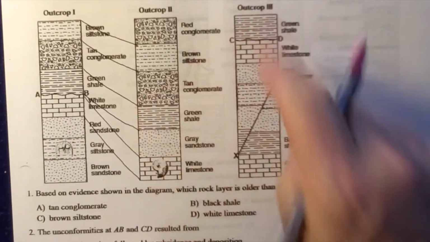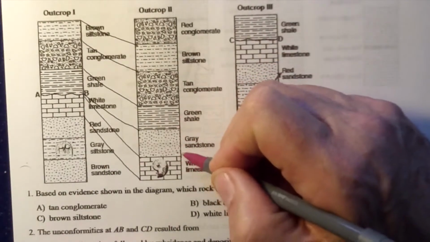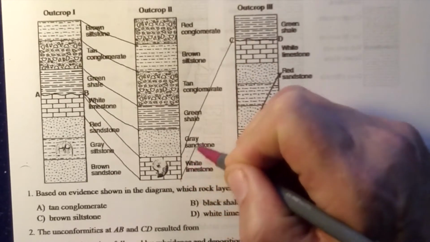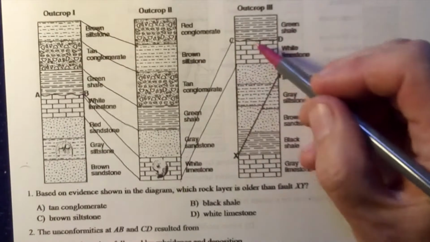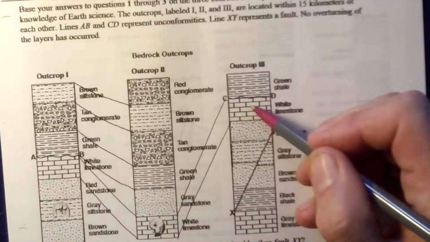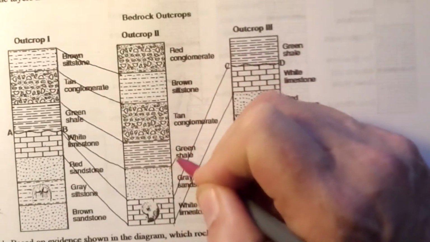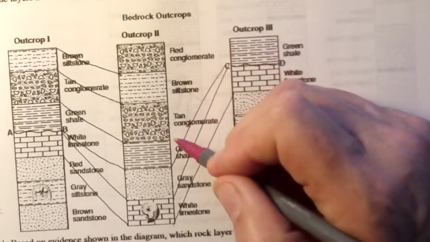Now I'm going to see what I can do between these two over here. And what I see here is some white limestone that I can line up like this. And above that white limestone, I see that we have this unconformity over here, and we have this green shale right here. So it looks like in this area, gray sandstone was wiped away.